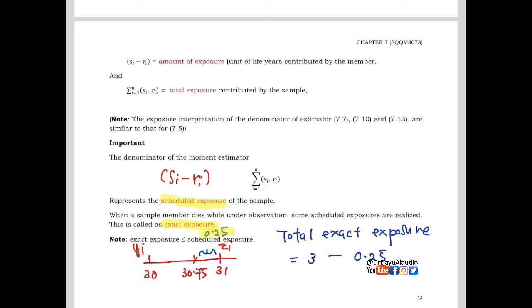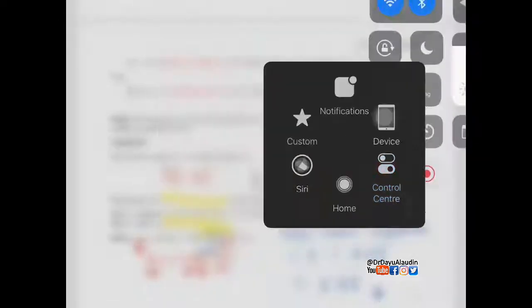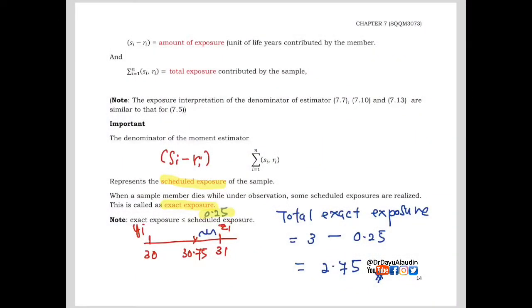So we get 2.75 for total exact exposure. Meaning that for total exact exposure, we take into account the date of death. So this is the difference between exact exposure and scheduled exposure.